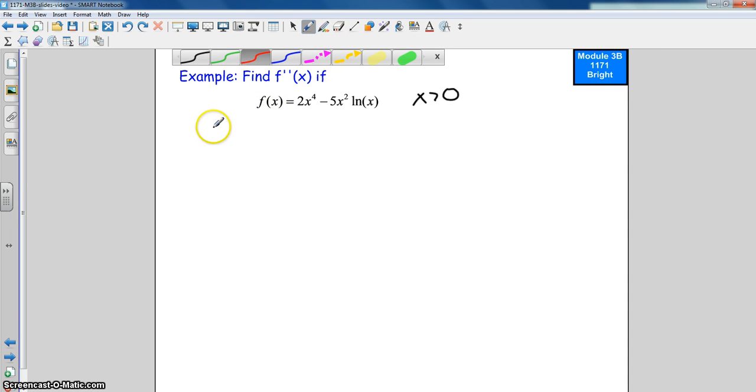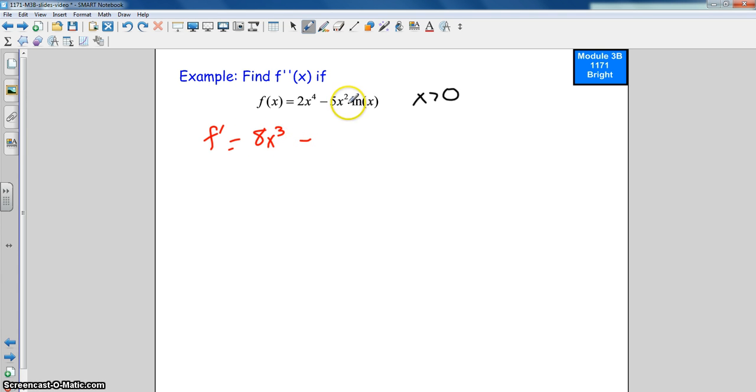And so if I go through and find the first, this should be relatively quick for us, and I'm going to be a little bit sloppy on my notation and just use f prime because f is only of one variable. So f prime is equal to, this is just a basic power rule, so this is 8x cubed and then minus, and now we have a product, so I have to do the product rule.